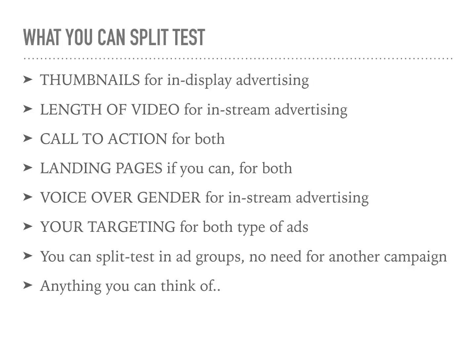So what you can split test: thumbnails. We talked about it even so slightly, but thumbnails for in-display advertising, so that means ads on thumbnails, colors on thumbnails, text on thumbnails, images on thumbnails, and that's it. Length of video for in-stream advertising, so 30 seconds to 1 minute should be your aim, but someone told me that a 2-minute video was performing really well.